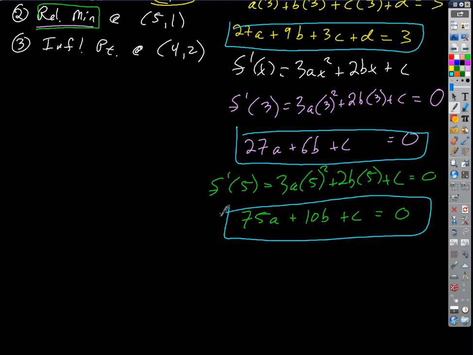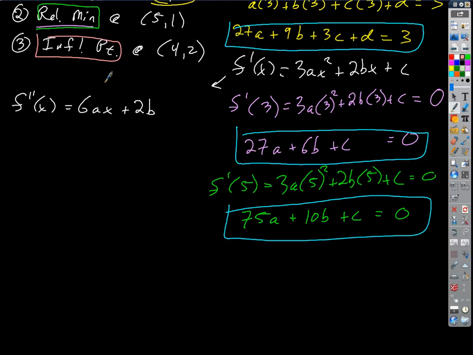So then what about the last one, the inflection point one? That's the second derivative, isn't it? Right? So what's our second derivative going to be? If that's our first derivative, what's our second derivative? 6ax plus 2b. That's really simple, right? And so what then is this telling me right here?